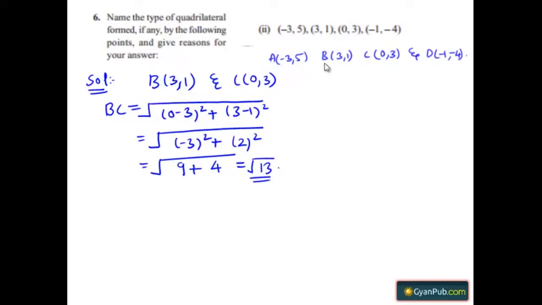Let us take the next 2 points C (0, 3) and D (-1, -4).